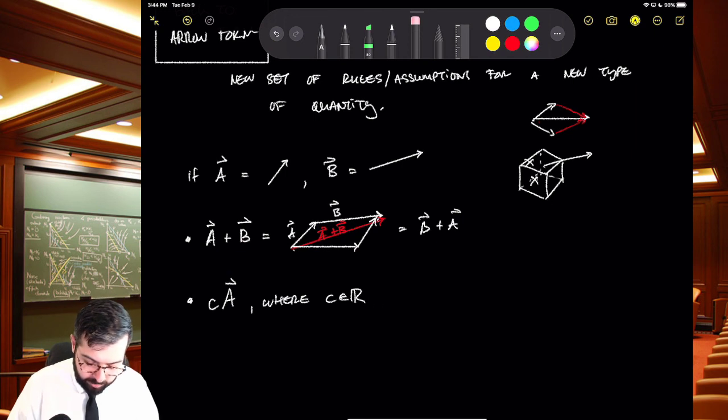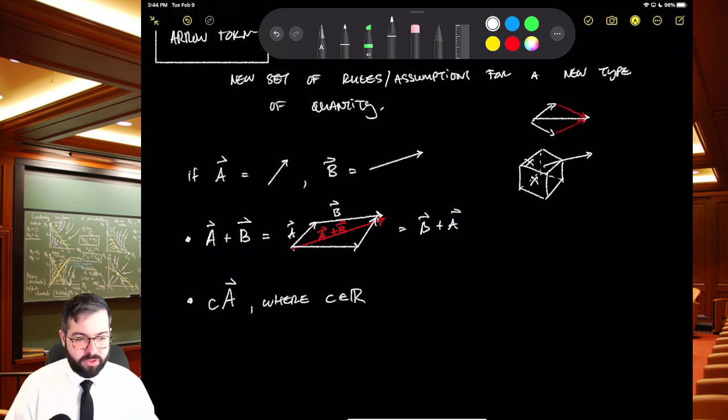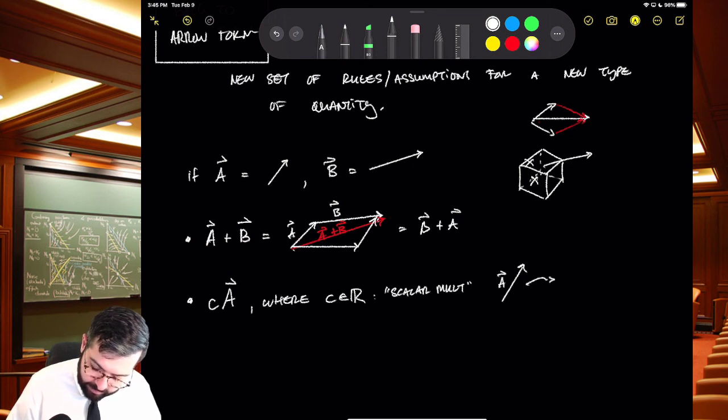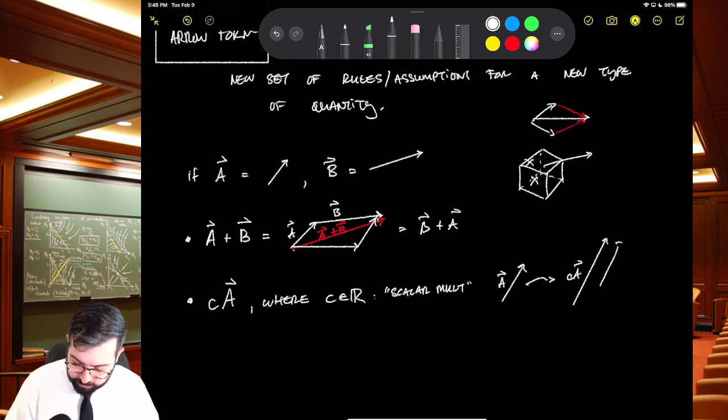What should this be? Well, C is this scalar multiplication. And what it does is it takes the vector A and keeps its direction the same, but stretches the magnitude.